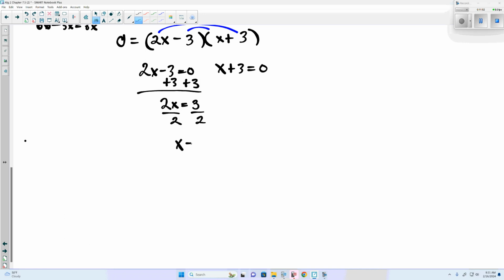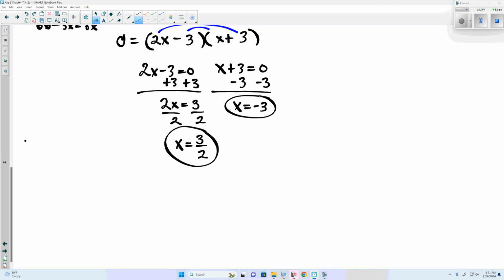Divide both sides by 2, telling us x is 3/2. The other one, we would subtract 3, telling us x is equal to negative 3. Exactly. Negative 3 came up as one of our restrictions, and since it also came up as a solution, that one doesn't work.